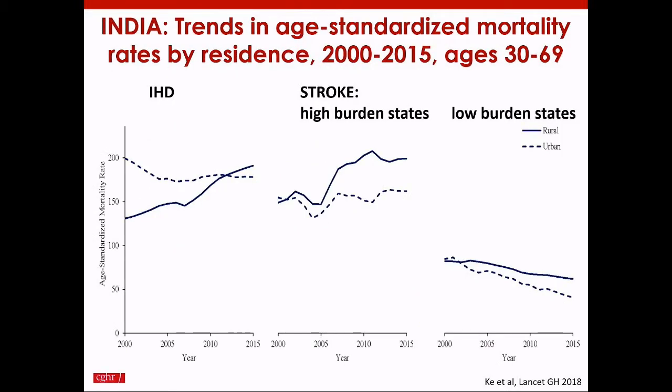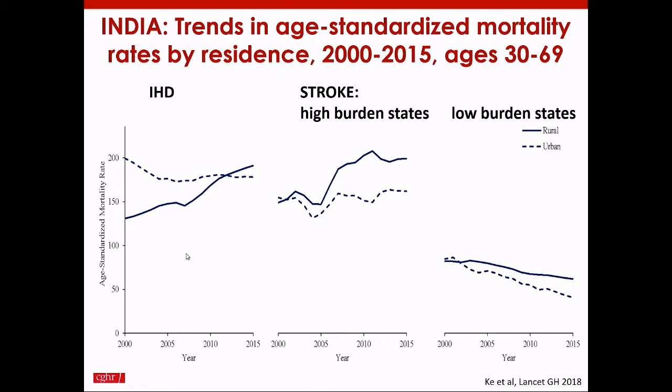And curiously, the stroke patterns or the trends in those high burden states behave very differently than in the low burden states. So in fact, in rural areas, stroke burdens are rising in the high burden states, and also somewhat up in urban areas as shown in the dotted line. But in the low burden states, both urban and rural stroke rates are rising.